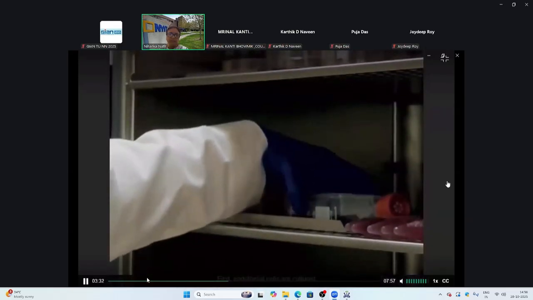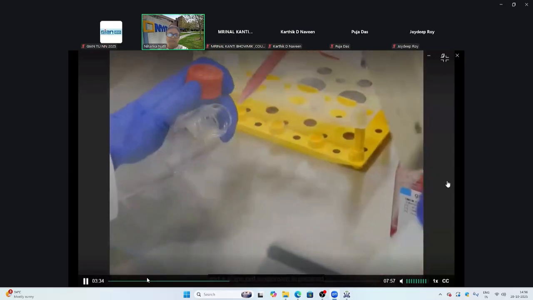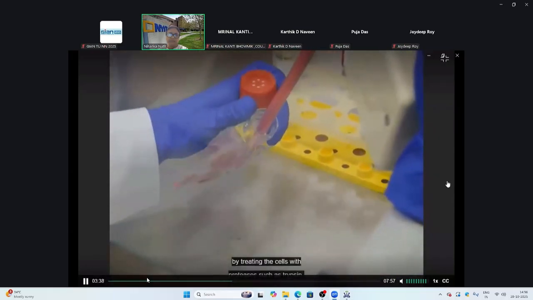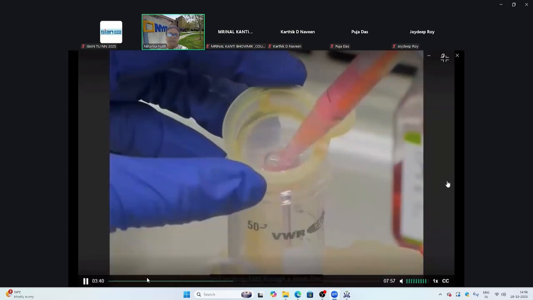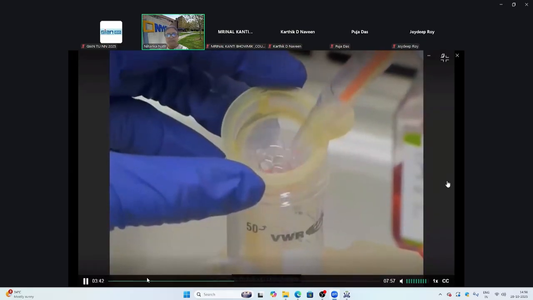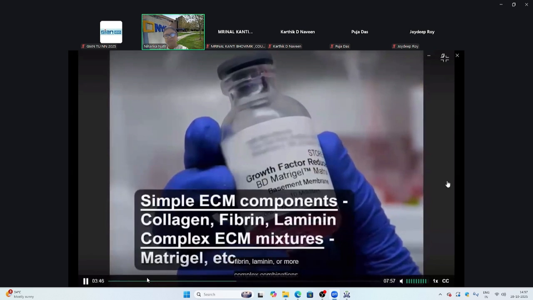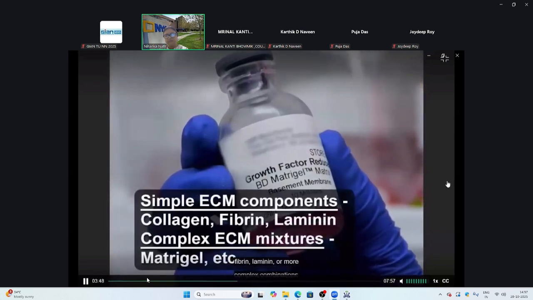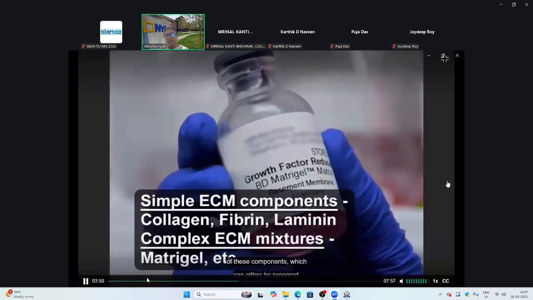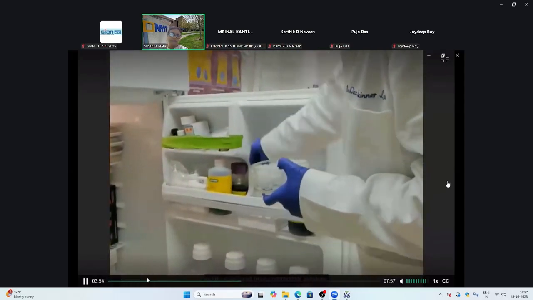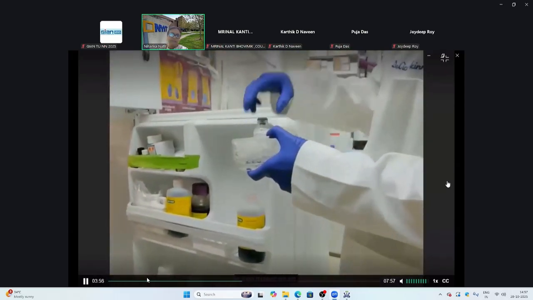First, endothelial cells are cultured, and a single cell suspension is prepared by treating the cells with proteases such as trypsin, and passing them through a mesh filter to break up cell clumps. The 3D matrix, commonly composed of collagen, fibrin, laminin, or more complex combinations of these components, which can either be prepared in lab or ordered from commercial vendors, is then thawed on ice.